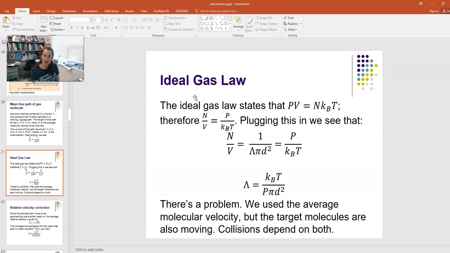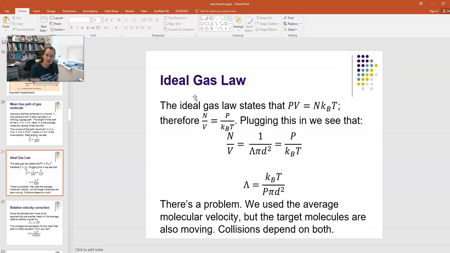Now, using our ideal gas law, remember we're doing all this for gases, so the ideal gas law from introductory physics says that PV is equal to n k T, where k, in this case k sub B, is Boltzmann's constant, which is 1.38 times 10 to the minus 23 joules per Kelvin, one of our fundamental constants. So if you rearrange that, then N over V is equal to P over k_B T, right?